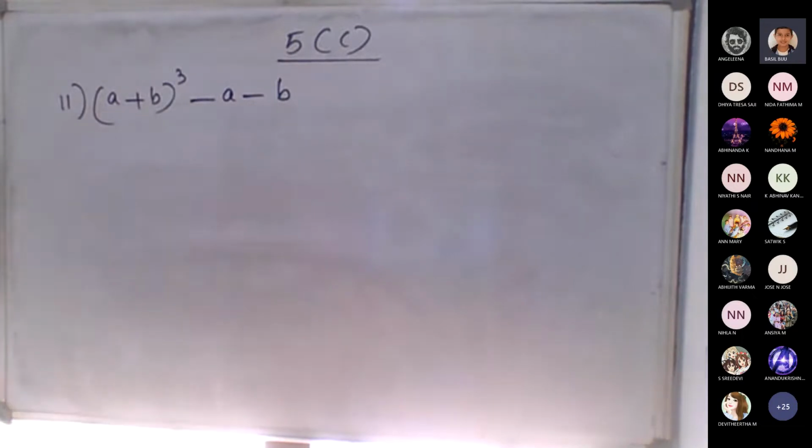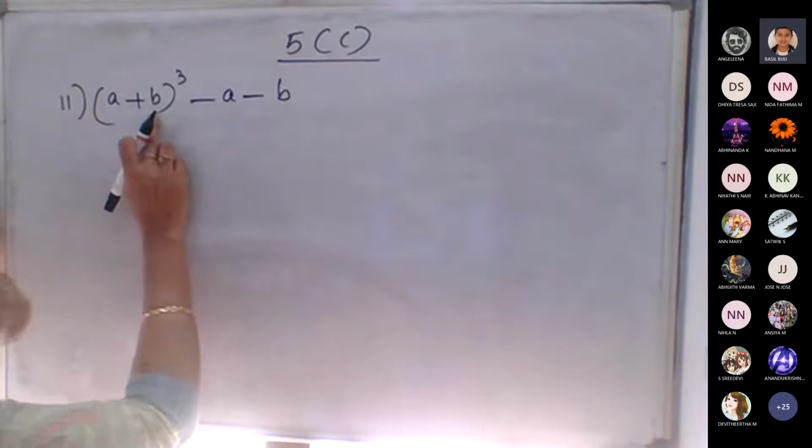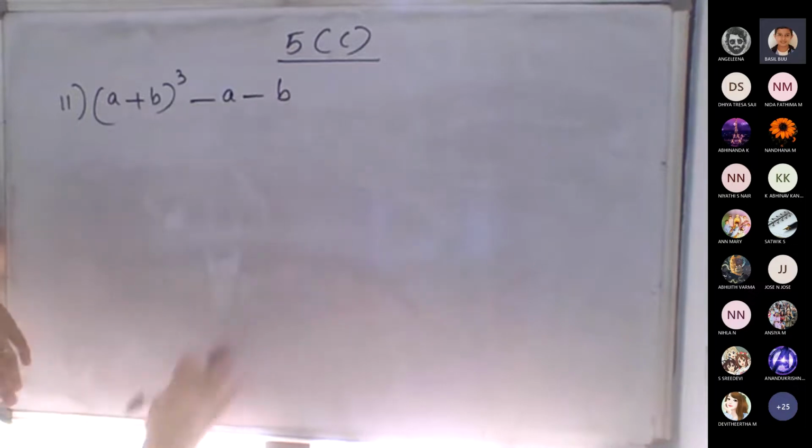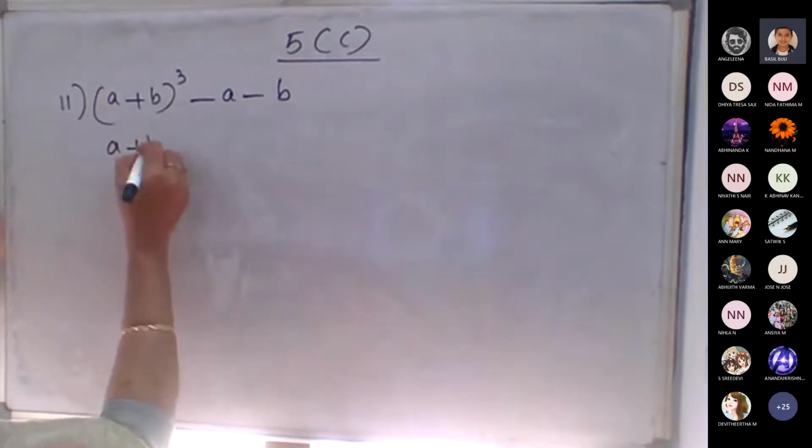Here also what we can do? Cube, we can directly apply that. So we can take a minus b in terms. Do we want to change the bracket a plus b as a plus b whole square form expansion? No. So instead of that, a plus b is there. So adjust with this, a plus b whole cube.